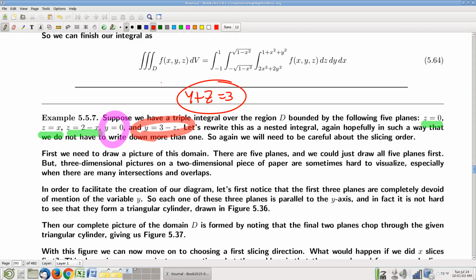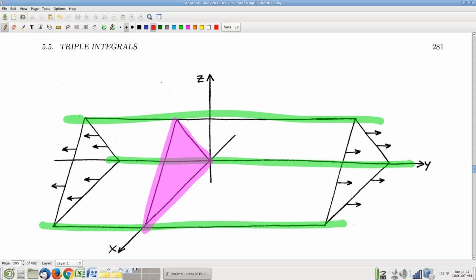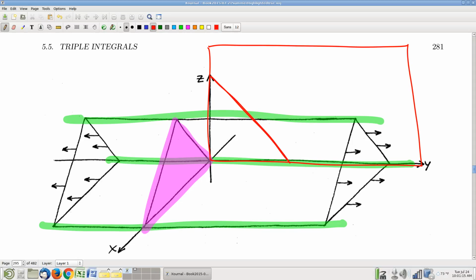And if I want to understand this plane parallel to the x-axis, I can simply draw it in the yz plane. Let's draw y plus z equals 3 in the yz plane. I know that the actual plane I'm interested in is what I get when I drag this parallel to the x-axis.